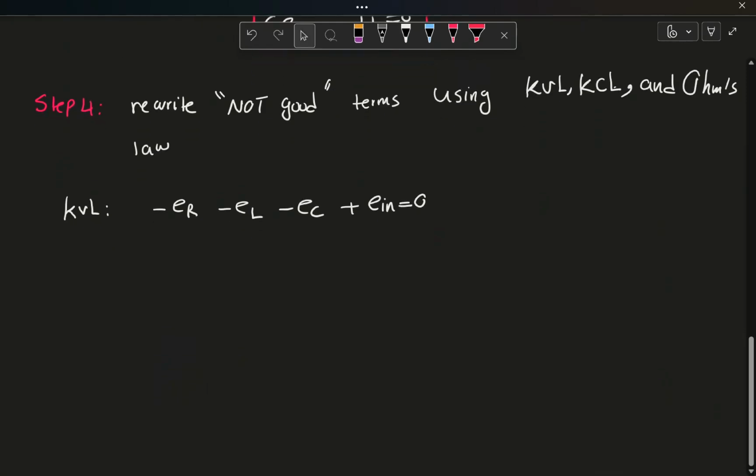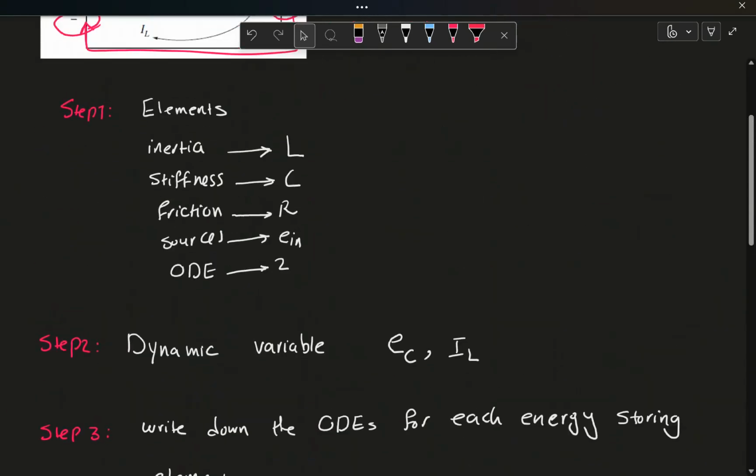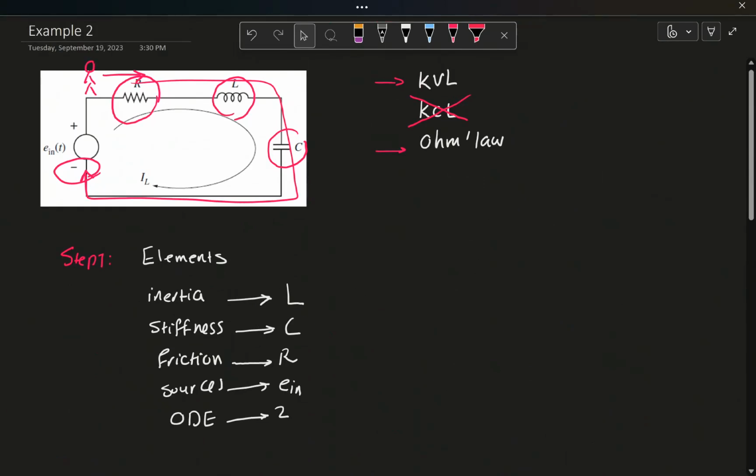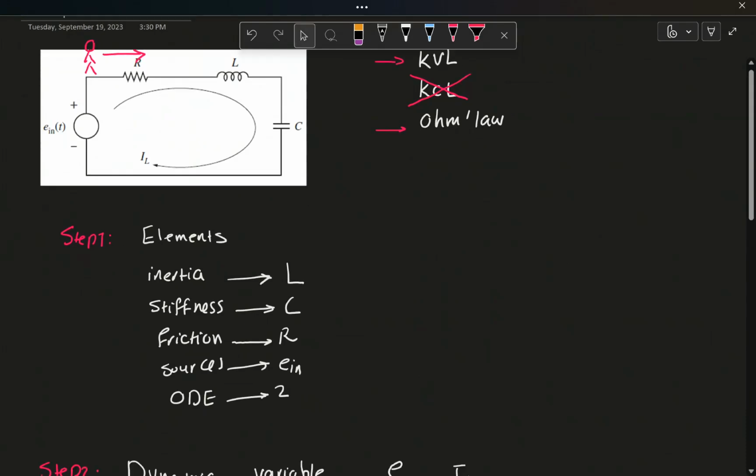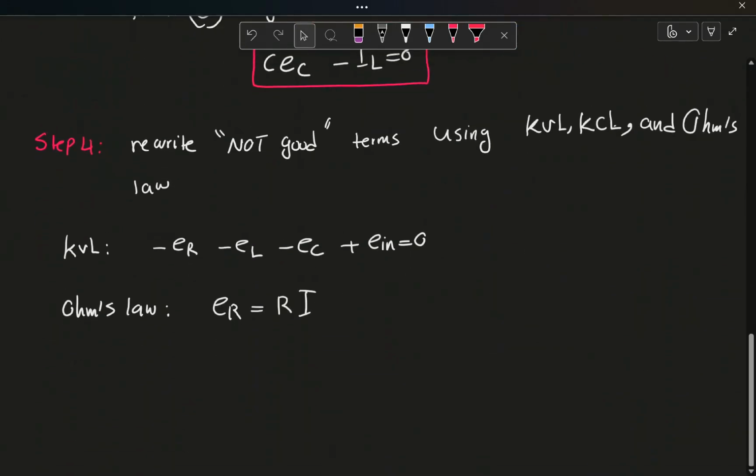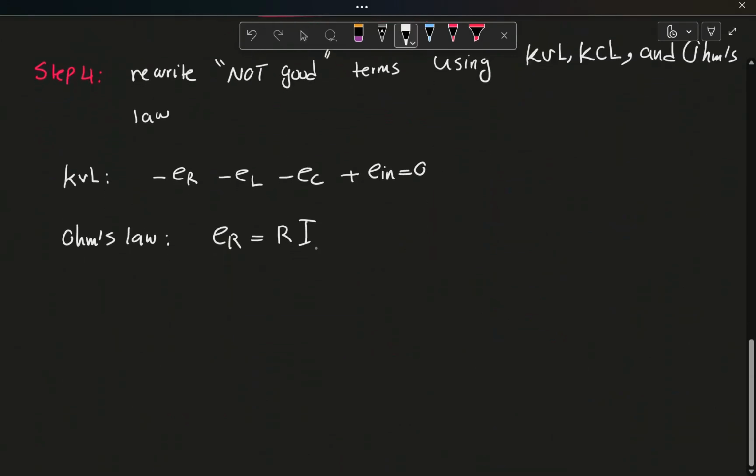And similarly, from Ohm's law, you will have ER equals R times the current that passes through that resistor. If you look at the setup, you see that the same current that passes through the inductor and the capacitor passes through the resistor. So this is going to be IL.